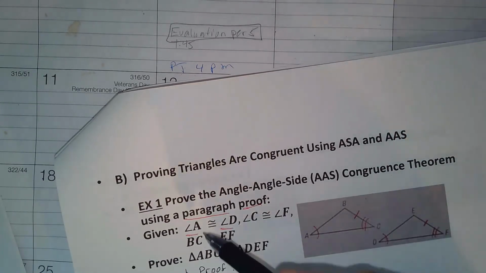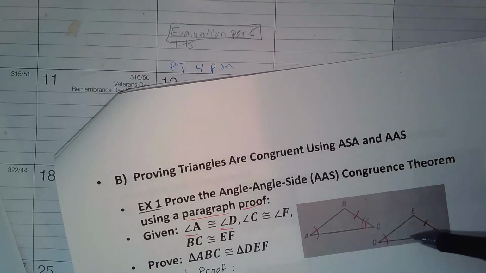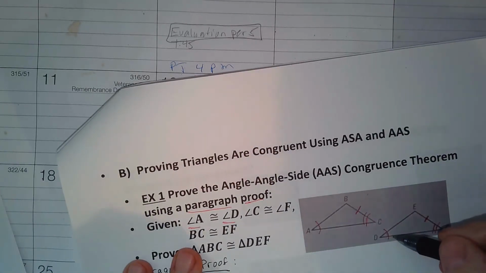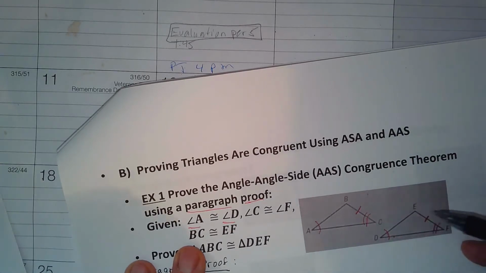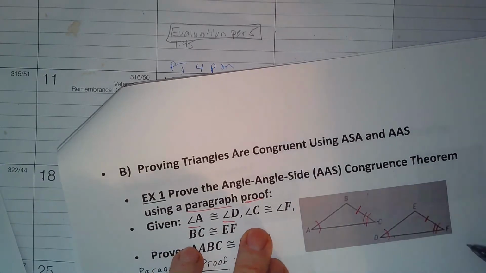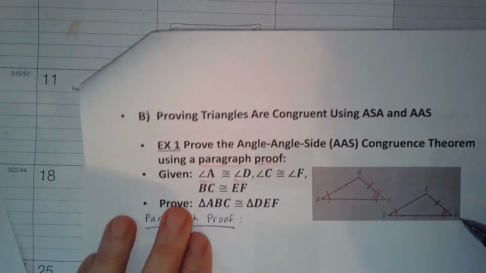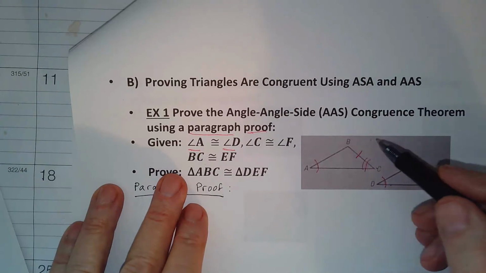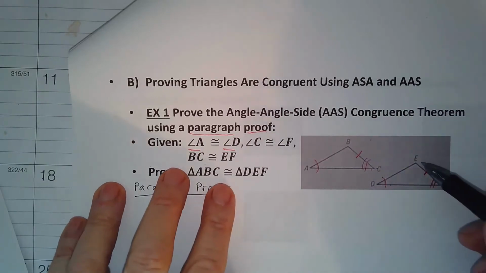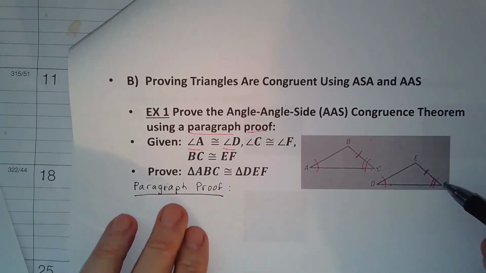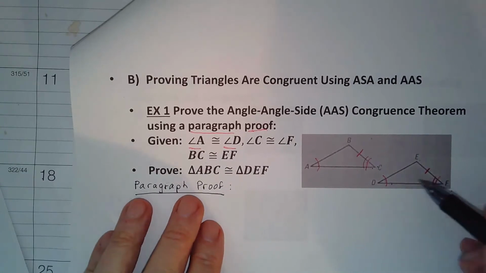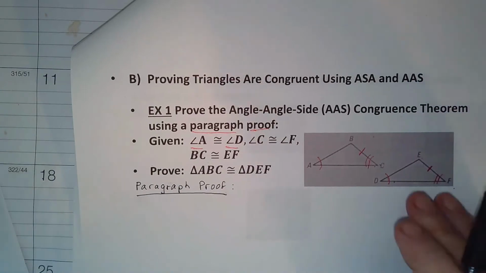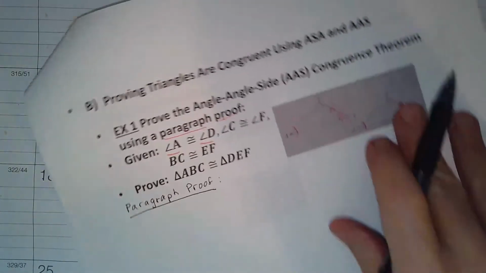We have two triangles, and we're saying given that angle A is congruent to angle D, and angle C is congruent to angle F, then line segment BC is congruent to line segment EF. If that's so, then what we hope to prove is that triangle ABC is congruent to triangle DEF.